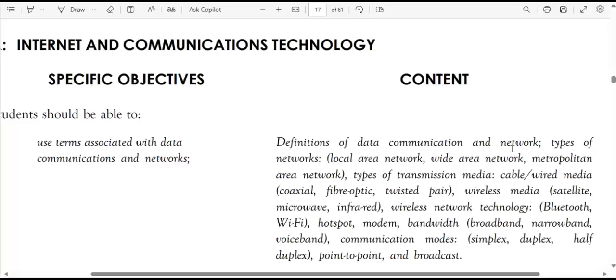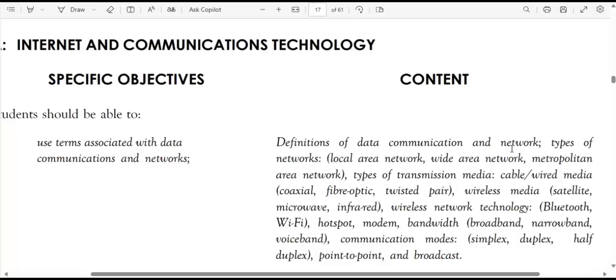An example of a metropolitan area network would be a university campus that connects all the buildings and departments on that campus. A city-wide Wi-Fi network provided by the local government would be an example of metropolitan area network.